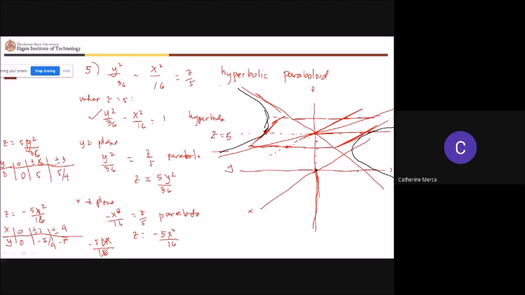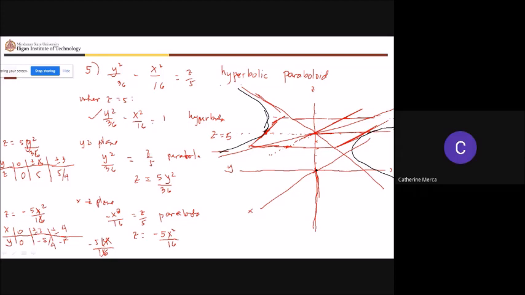In the YZ plane, Z is equal to 5, a parabola which opens upward, since it is positive. So when y is equal to plus or minus 6, z is 5.